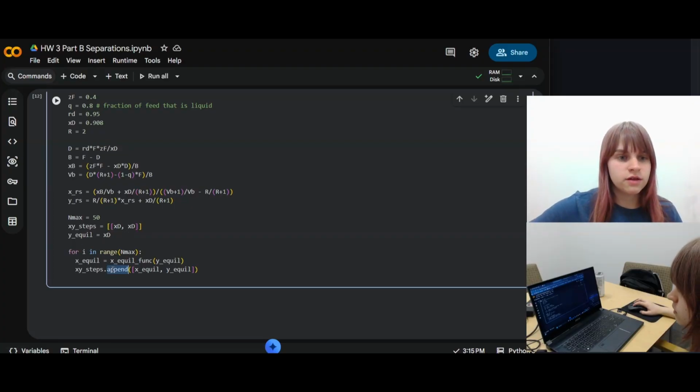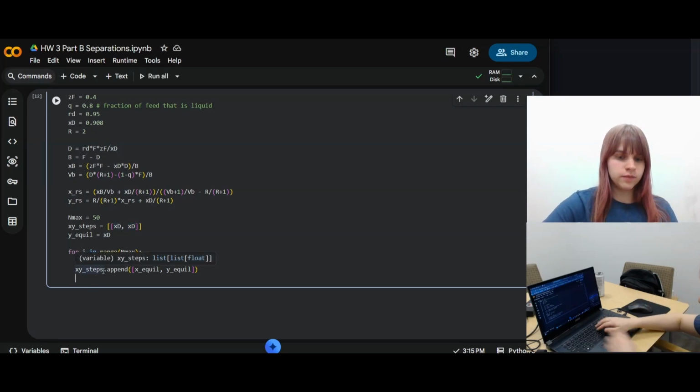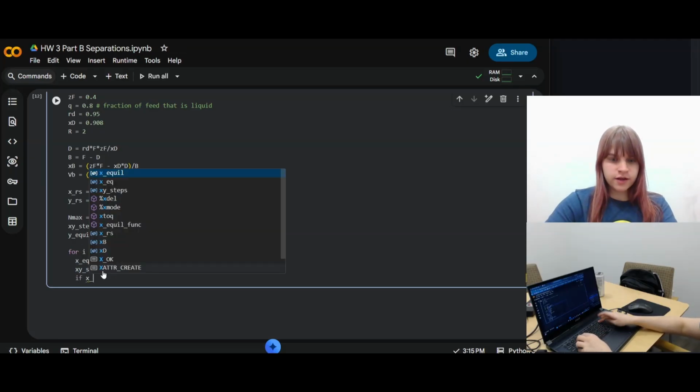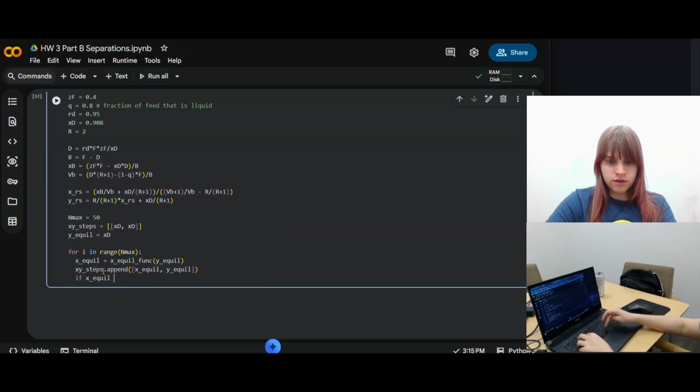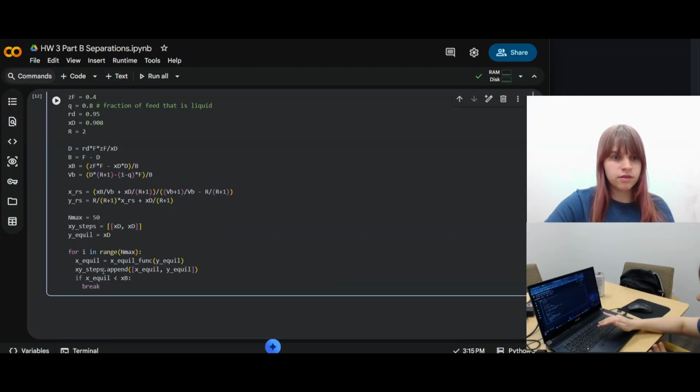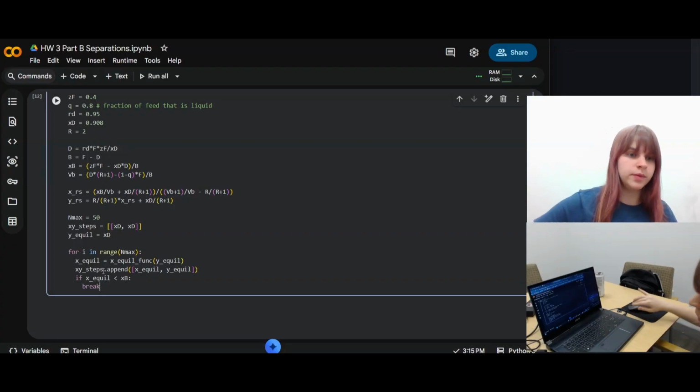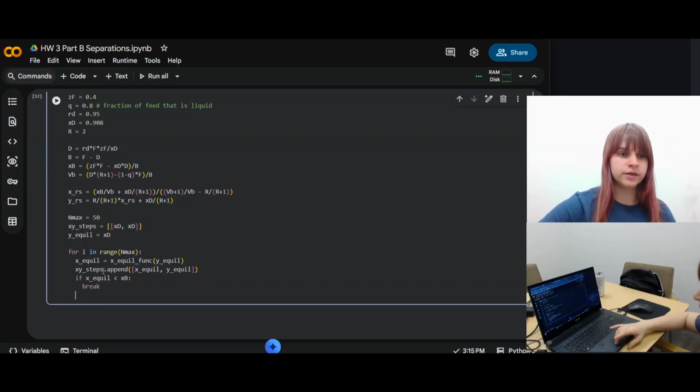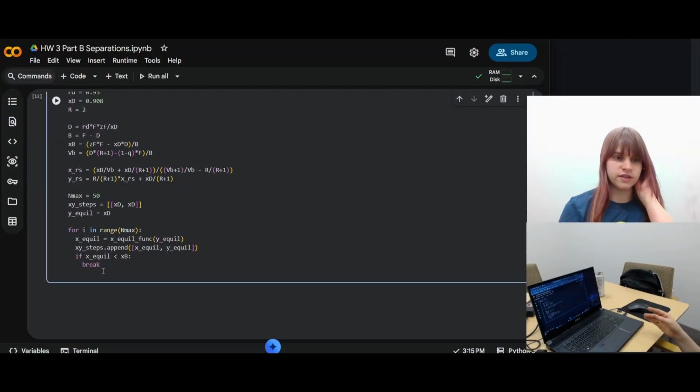So basically this gets added into our list, which currently at the very start we started with assuming the distillate composition, and then later on, if our x equilibrium is less than the composition in the bottoms, then we break this for loop because we have met the requirement, and you'll kind of see that later on.